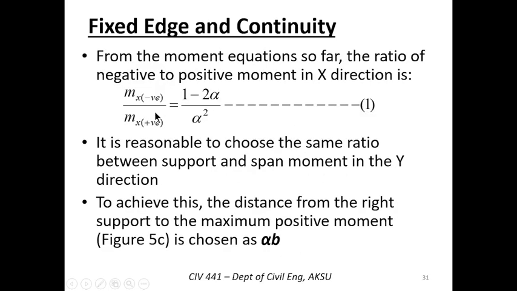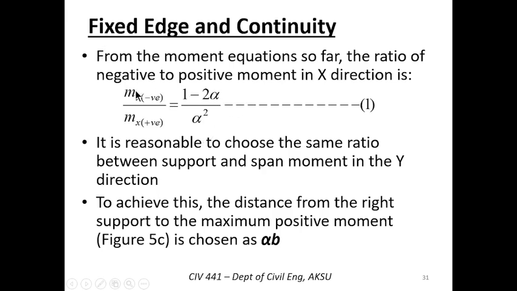From the moment equations so far, the ratio of the negative to positive moment in the x direction is given. Take note of this equation 1. The ratio of the support moment to span moment equals 1 minus 2 alpha all over alpha squared. They derive this from the equations. You can sit down and do it on your own. But take note of this. You might need to memorize this equation.